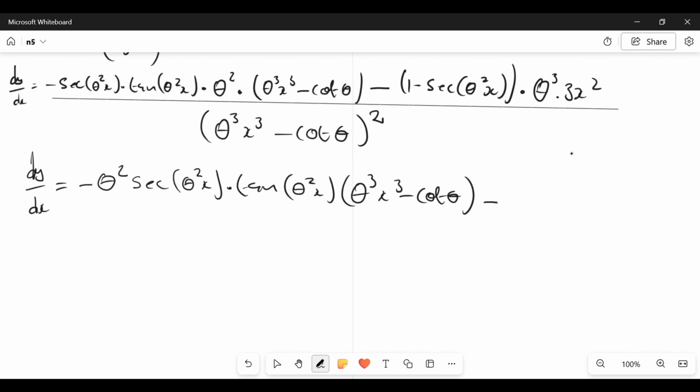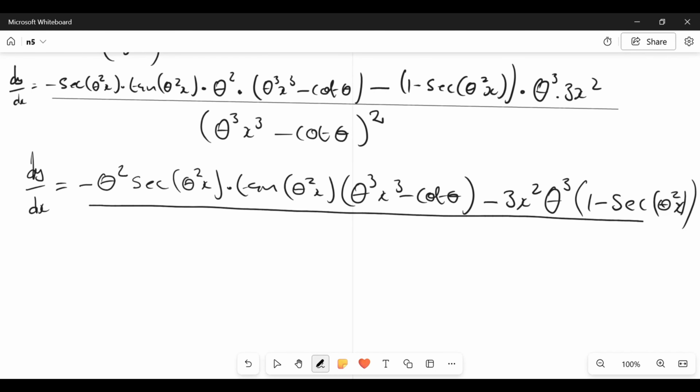Right, minus. So here we can have 3x squared multiplied by theta cubed multiplied by 1 minus sec theta squared x. Then we close the bracket there. Right, divide by theta cubed x cubed minus cot theta squared.